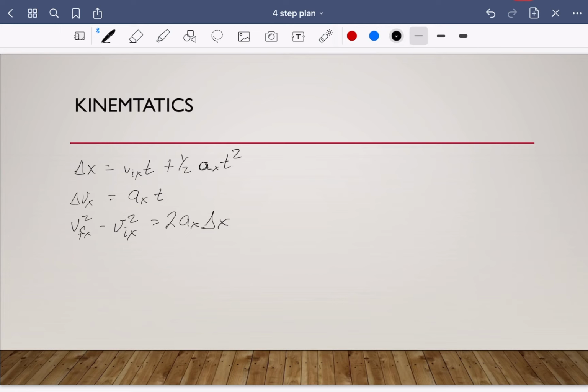The change in velocity in a particular direction is equal to the acceleration in that direction times time. And then I have one equation that eliminates time, and I can say that the final velocity squared minus the initial velocity squared is equal to 2a delta x. And all of these equations are using the assumption that a is a constant. And another big picture idea that we use this under is in projectile motion.